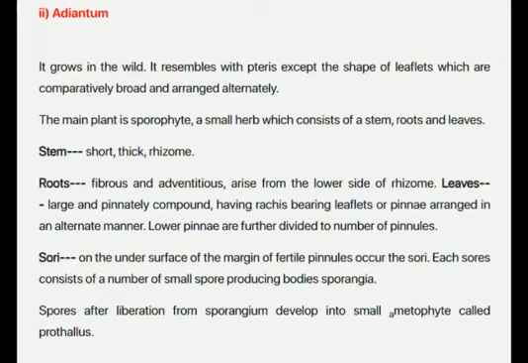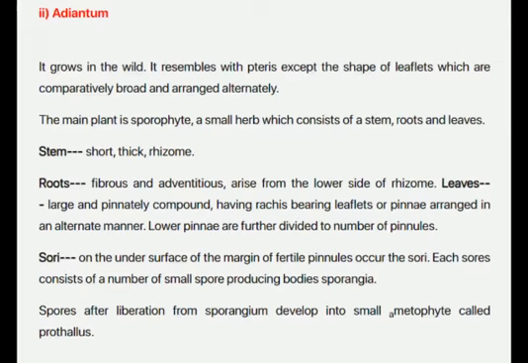A very important thing is this, that the lower pinnae, means the small leaves at the lower side, are further divided into a number of pinnules, and at the under surface or the lower surface of the margin of fertile pinnules occur the sori.